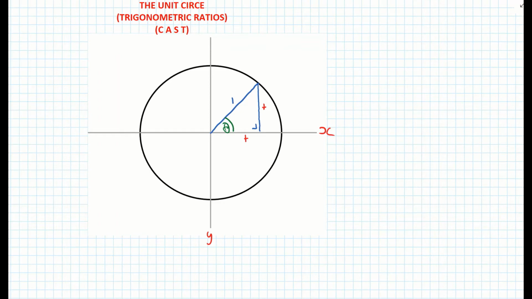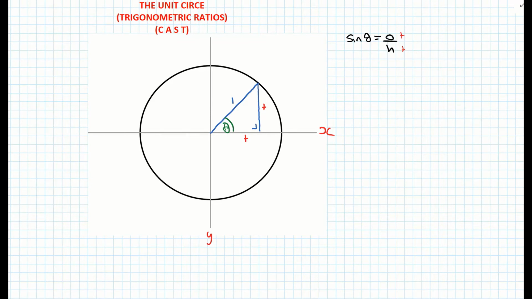Now let's investigate what happens when I find the sine, cos and tan of that angle theta. So I would have sine of theta is equal to opposite over hypotenuse, and you can see that my opposite is going to be a positive number and my hypotenuse is positive 1, so that must also be a positive number. So when I divide that fraction, opposite by hypotenuse, or positive by positive, I'm getting a positive answer.